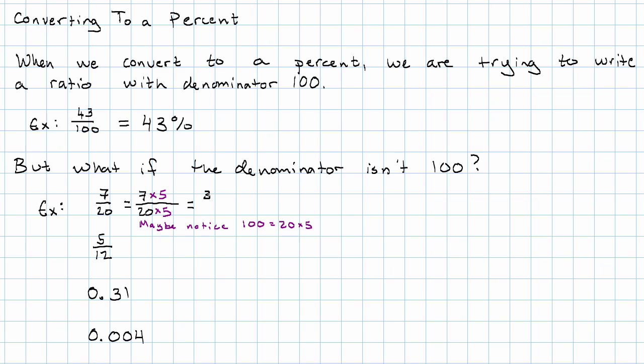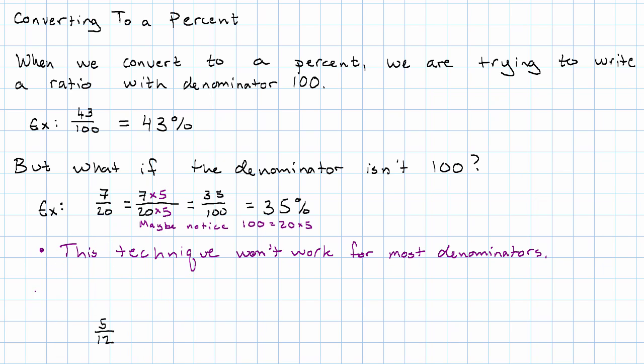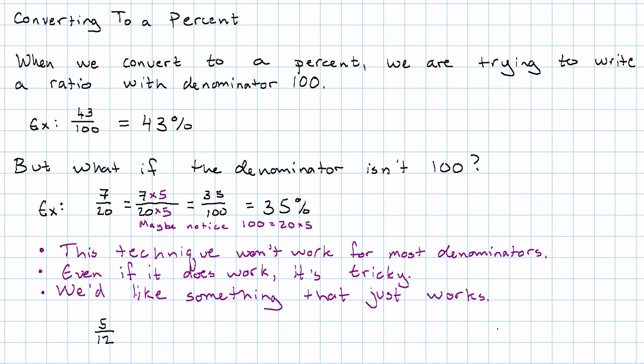So that'll be 35 hundredths, or 35%. That's neat and all, but you know, most denominators aren't 20. And even if they are, this is kind of a weird, tricky technique. We'd really like something that just works.